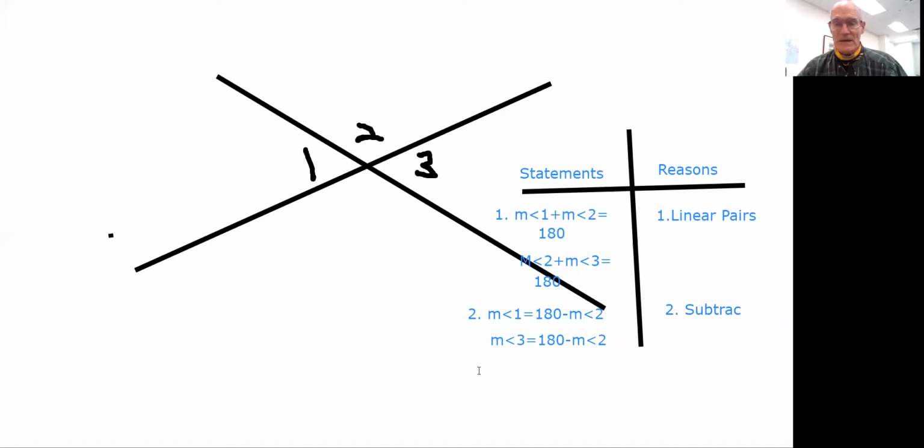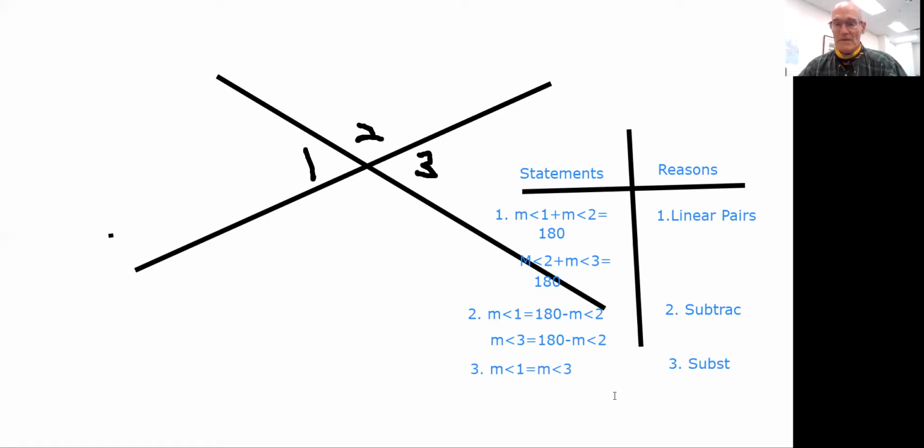Then I can come down here because I have the measure of angle 1 equals 180 minus the measure of angle 2, and the measure of angle 3 equals the same thing. Then I can say that the measure of angle 1 equals the measure of angle 3. And of course, that reason is once again just a substitution reason.